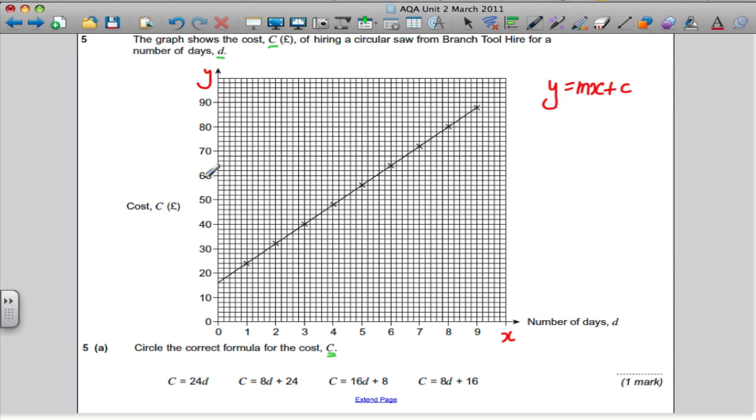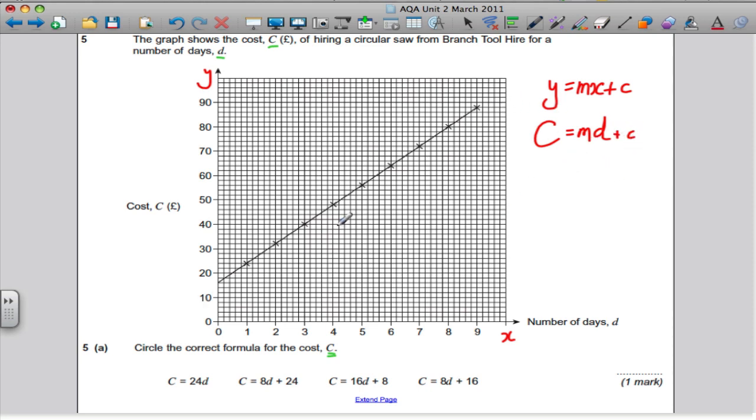We've got the same here, it's just that in this case the y-axis is the capital C axis and the x-axis is now called the little d axis. So we're looking for an equation of this straight line in the form C = md + c.